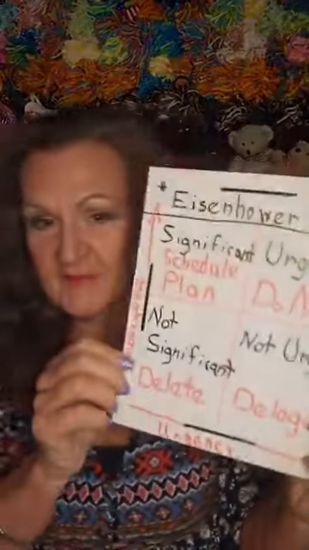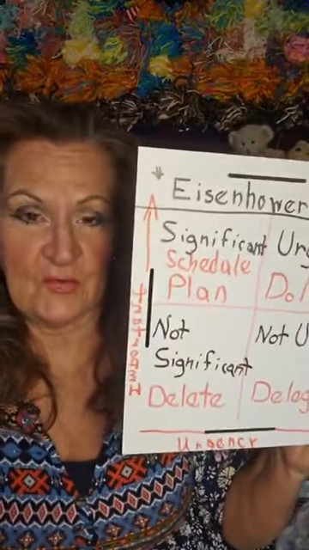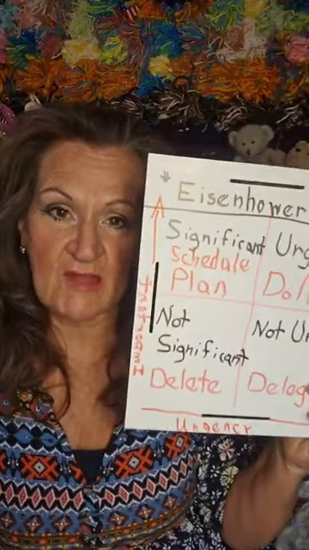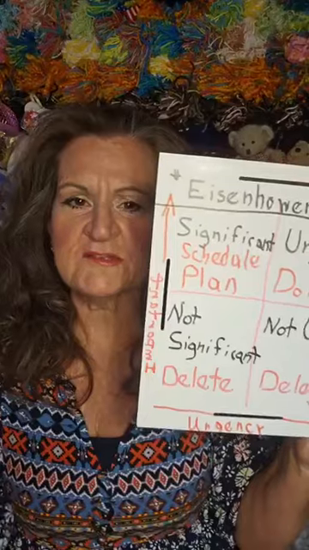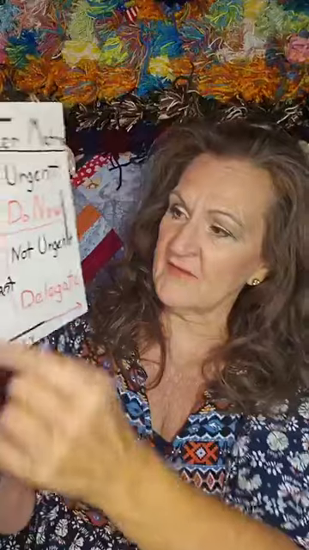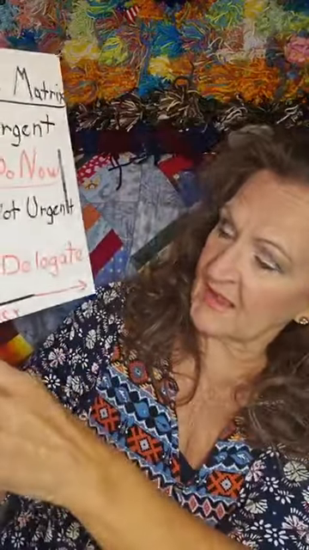It is used and taught by lots of different gurus, coaches and leaders, and it's used in a lot of organizations today to graph things based on importance and urgency. Like any other graph, as urgency rises, it goes to the top of the graph, and as importance or significance rises, it goes to the left.